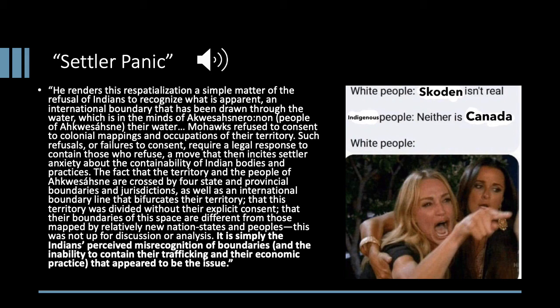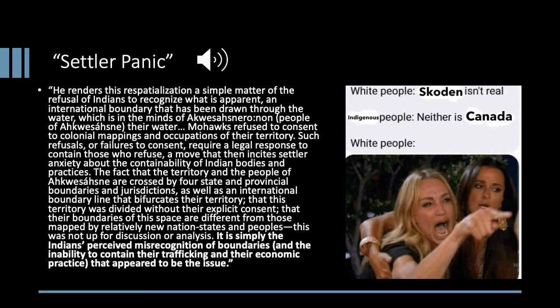And so she describes this as a kind of Mohawk countermapping, a countermapping that exceeds the colonial maps of international boundaries. And as she says at the very end in the bolded section, it's simply Indians' perceived misrecognition of boundaries and the inability to contain their trafficking and their economic practices that appeared to be the issue.